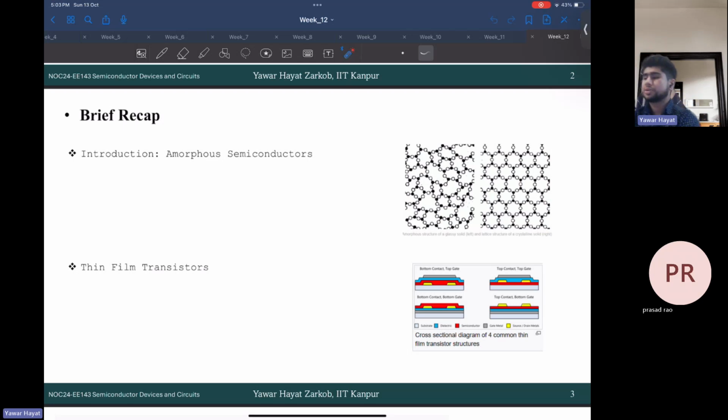Okay, so an amorphous solid has a short range order. As you can see in this picture, this is the amorphous one, the glassy solid on the left, and this is the lattice structure of the crystalline solid.